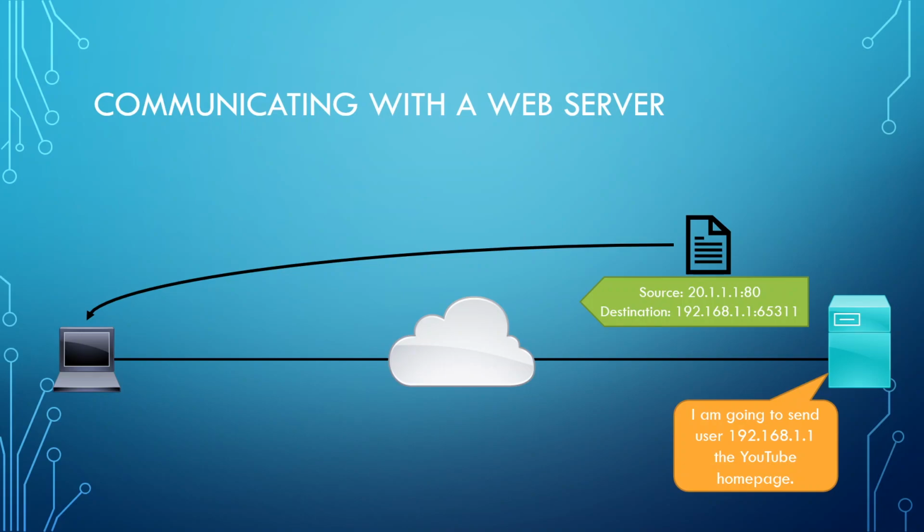It's going to be sourced from port 80, which is the port number used to identify the web services running on the server, and the destination is going to be the IP address of the client, and the destination port number is going to be the port number associated with the web browser that the user searched for youtube.com on. Okay, so that web browser that the user opened up and typed in youtube.com, that's going to be the destination port number to ensure the data is delivered to the computer and displayed on the correct web browser and on the correct tab.